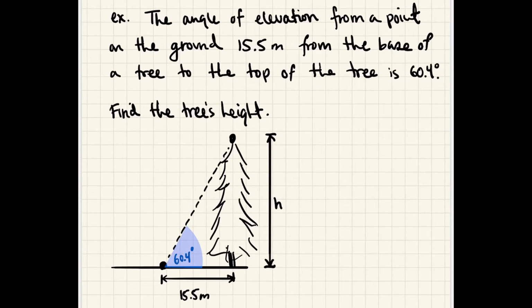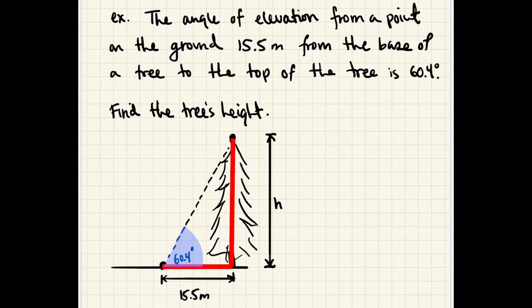We have an angle of elevation of 60.4 degrees. And you can see it's an angle of elevation because it reads upward from the horizontal. So question is find h, right? The height of the tree. Well, the way to approach this is simply to figure out which trig function is relevant relating h and the given length that we have and the given angle that we have.